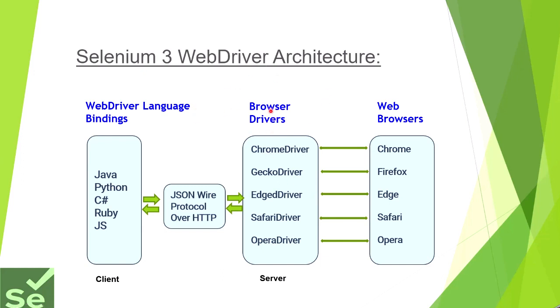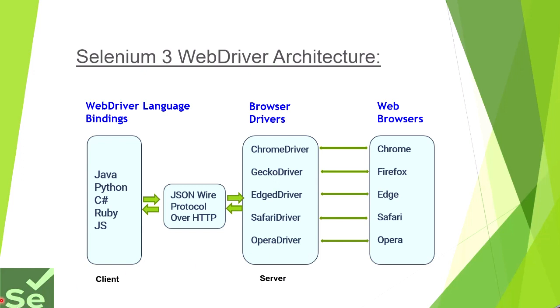So browser drivers are used to communicate with the browser. Each browser has a specific browser driver. So when we write a script using one of these languages, the generated JSON is sent to the browser driver through the HTTP protocol.